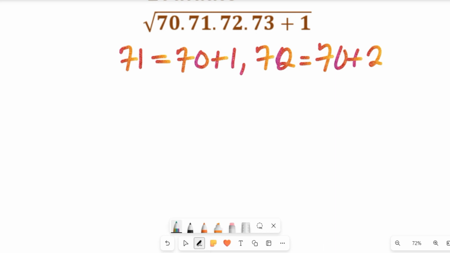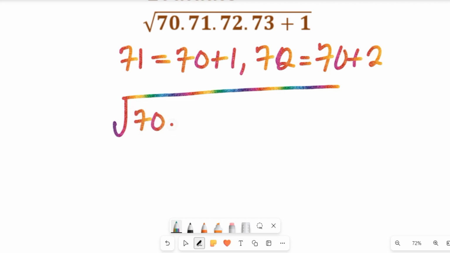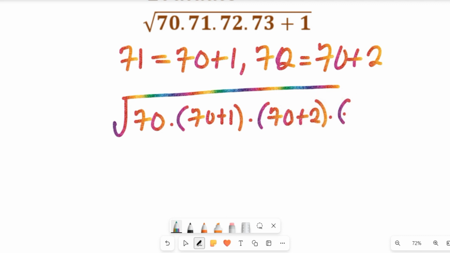So if we simplify that expression, it will give us 70 multiplied by 70 plus 1 multiplied by 70 plus 2 multiplied by 70 plus 3, and this will be plus what? 1.